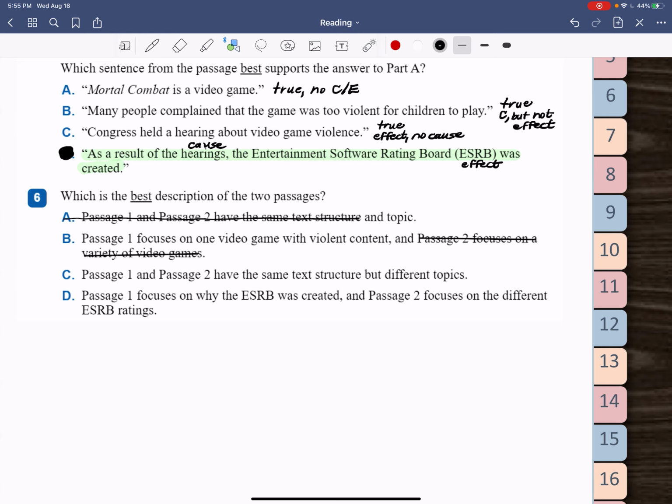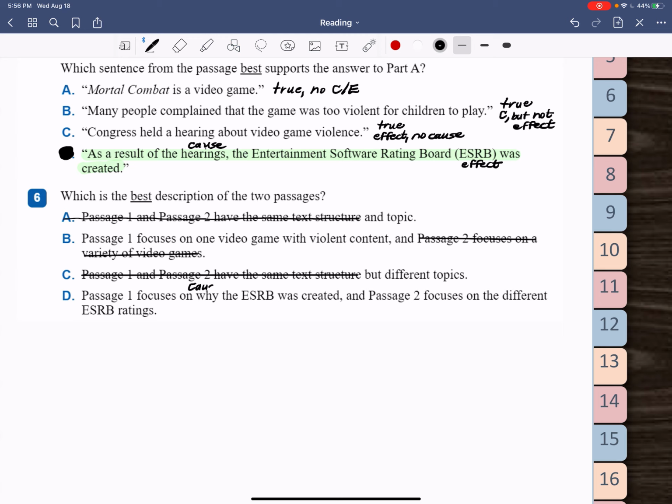Passage 1 and Passage 2 have the same text structure, but different topics. That is not true. Passage 1 had a cause-effect. Passage 2 had a compare-contrast. Passage 1 focuses on why the ESRB was created. That's cause-effect.